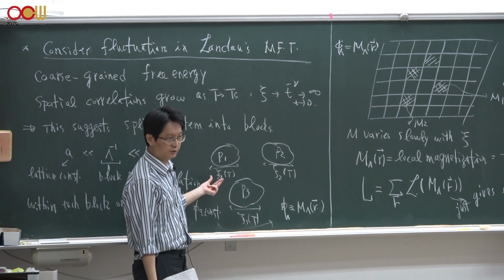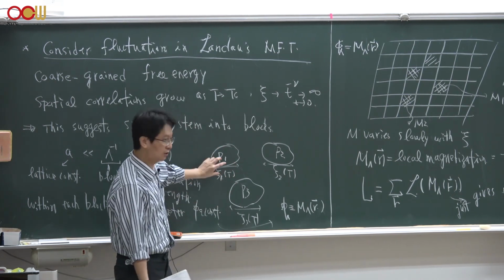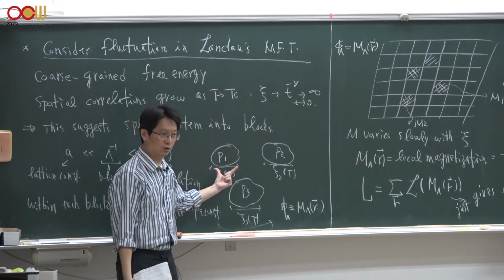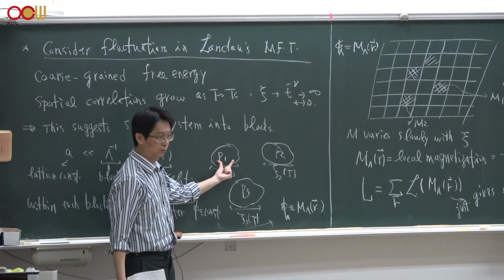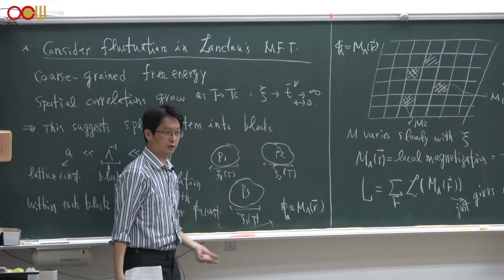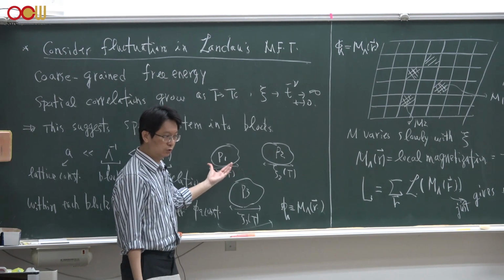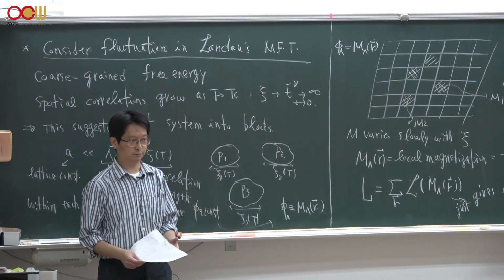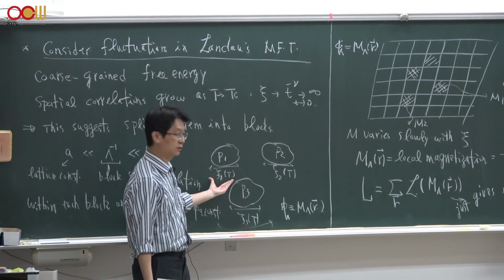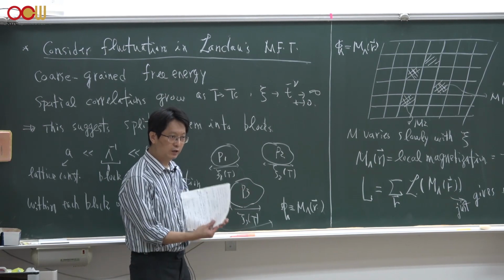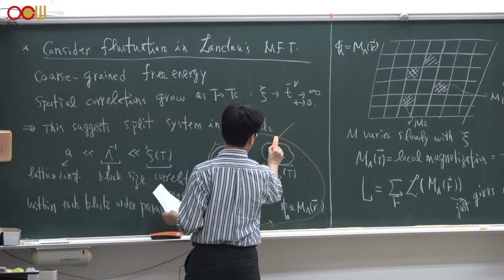Each block consists of a group of spins that are correlated. The length scale over which they are correlated we could denote by, say, xi 1 for group 1, and xi 2 for group 2, and so on. Those correlation lengths for each individual group of spins may be different, but when temperature is very close to Tc, all these correlation lengths, xi 1, 2 and 3, actually overlap. They form a big, macroscopically large group of blocks.